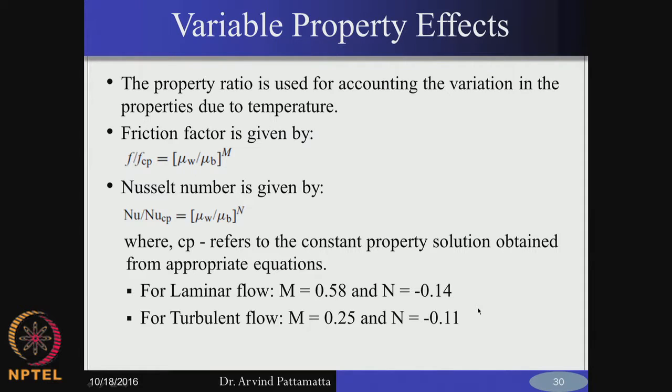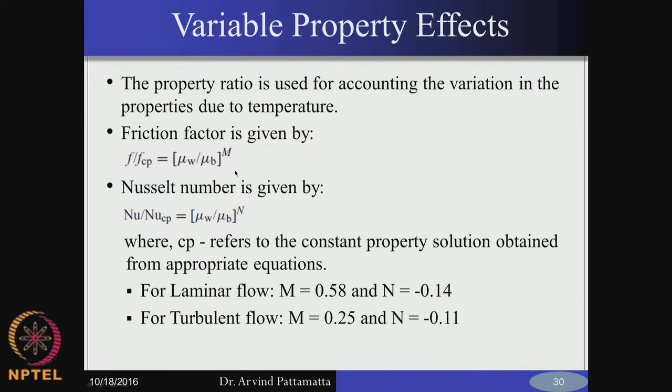In that case you apply some simple correction factors. You first assume constant properties and calculate the friction factor and Nusselt number, and then correct this for variable properties by multiplying by a correction factor. These are common to the macro and microchannel cases.